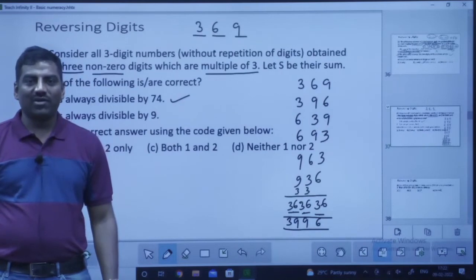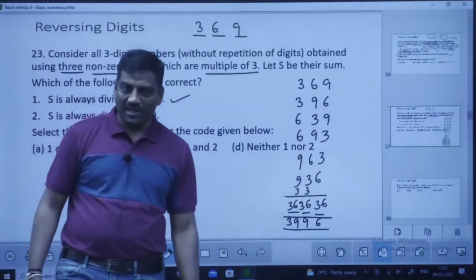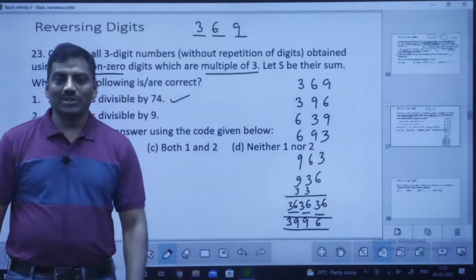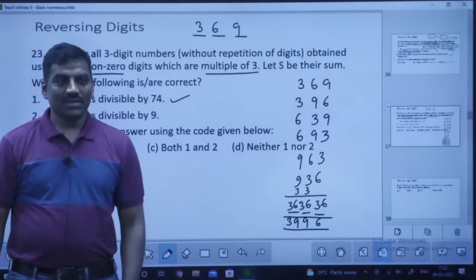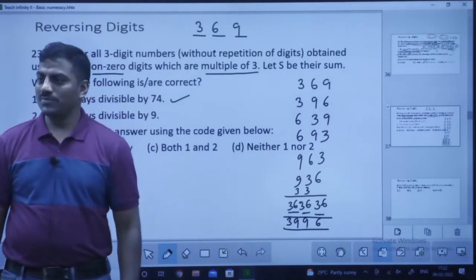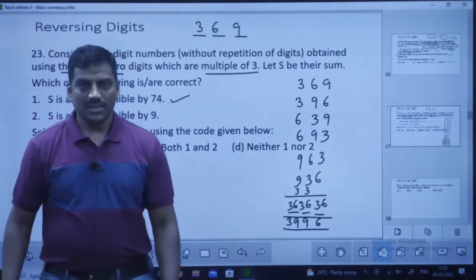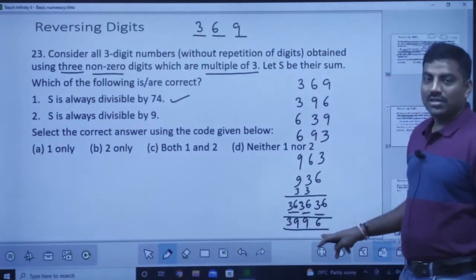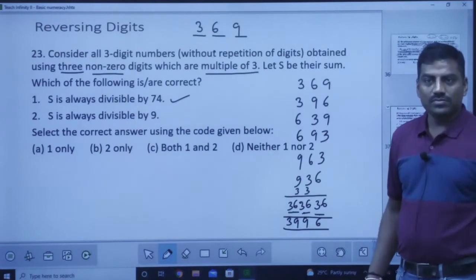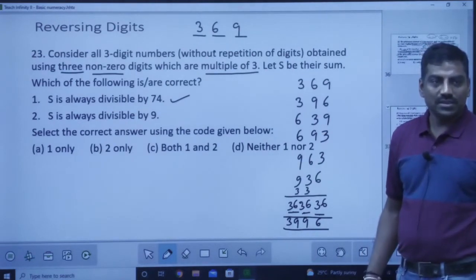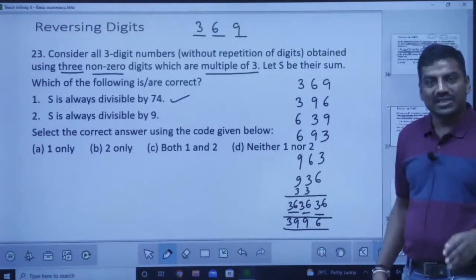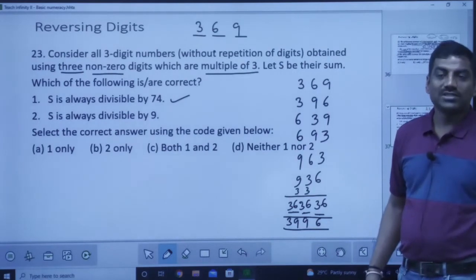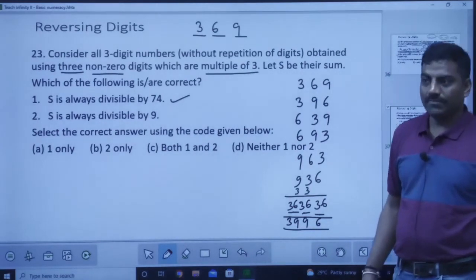I have told you whenever 111, 222, 333 come, they are divisible by 3. They are divisible by 37 also. It is an even number, so it is divisible by 2. I have told you this number is divisible by 37 because it is divisible by 111.